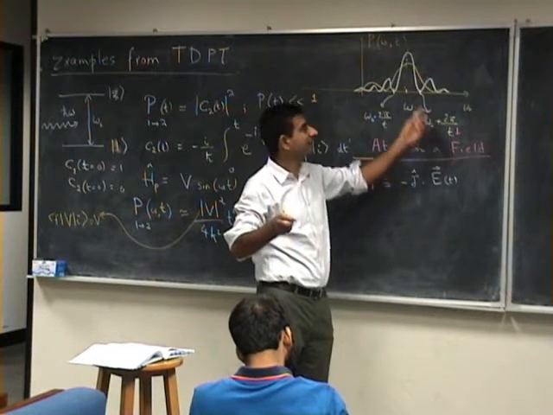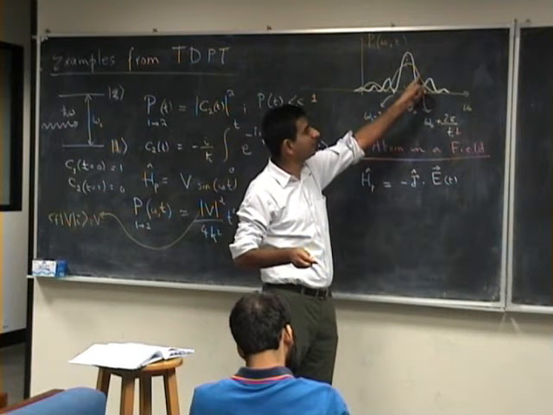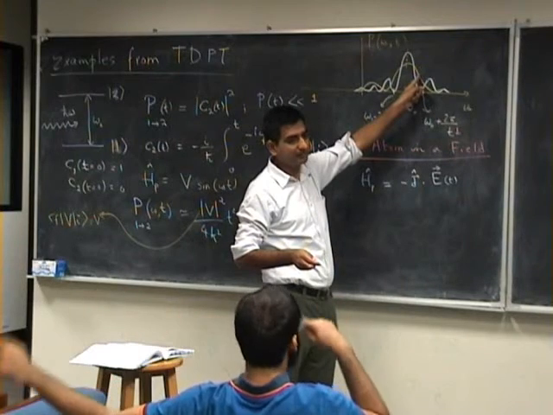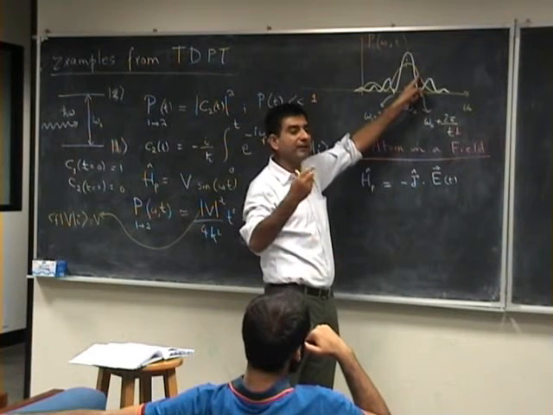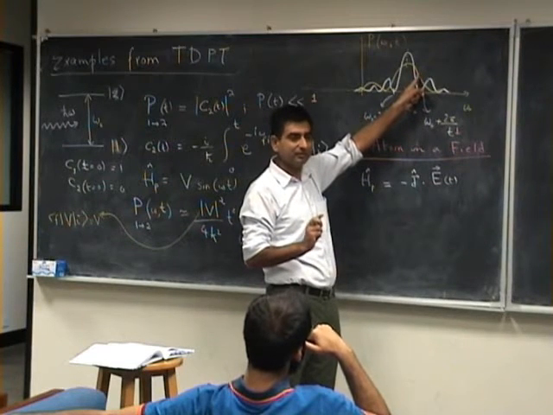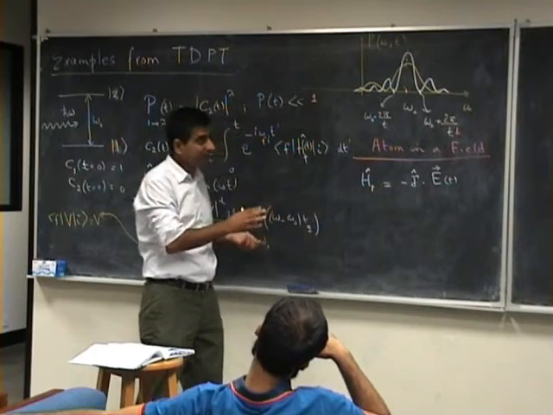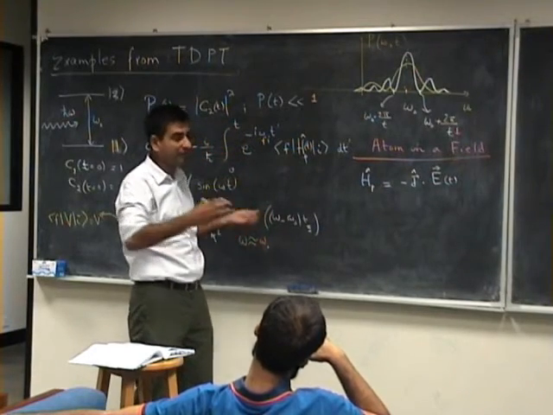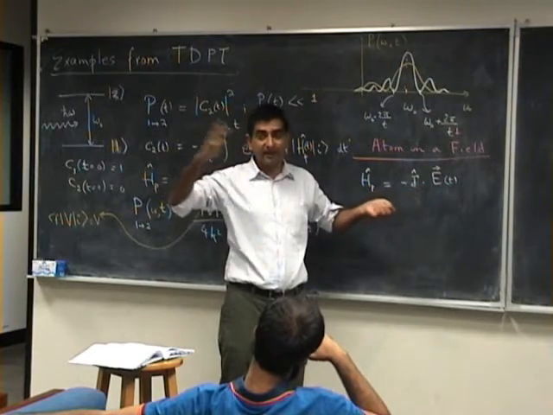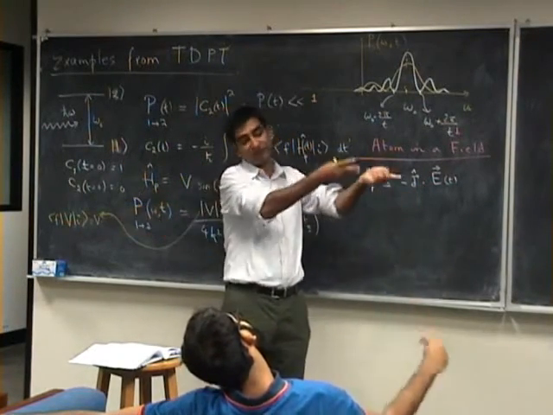You apply an incoming radiation that is further away from the resonant frequency, still there is a bigger probability that the system can be excited, a bigger probability of finding the electron in the excited state. That's what it means. Even for shorter time scales, you observe the system for a shorter time, and it's possible that an incoming radiation that has a frequency far away from the resonant frequency can still excite it.